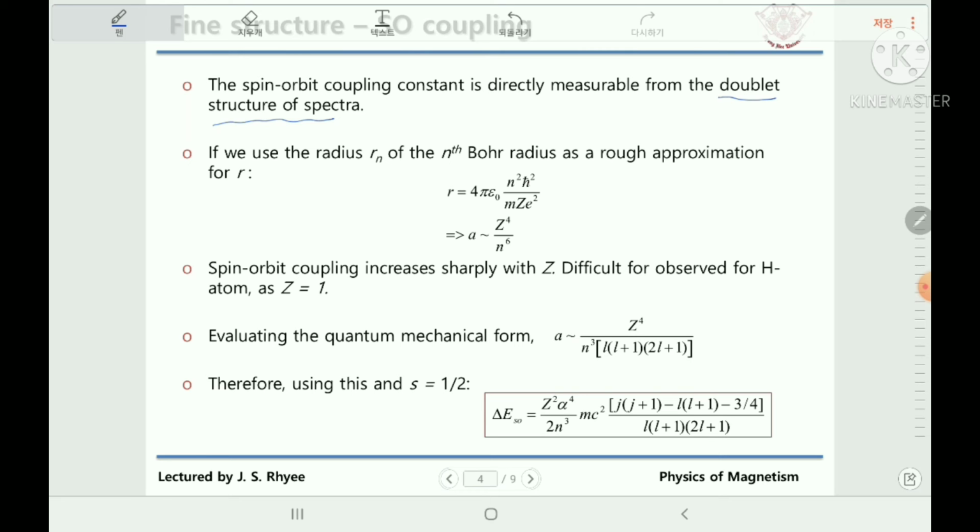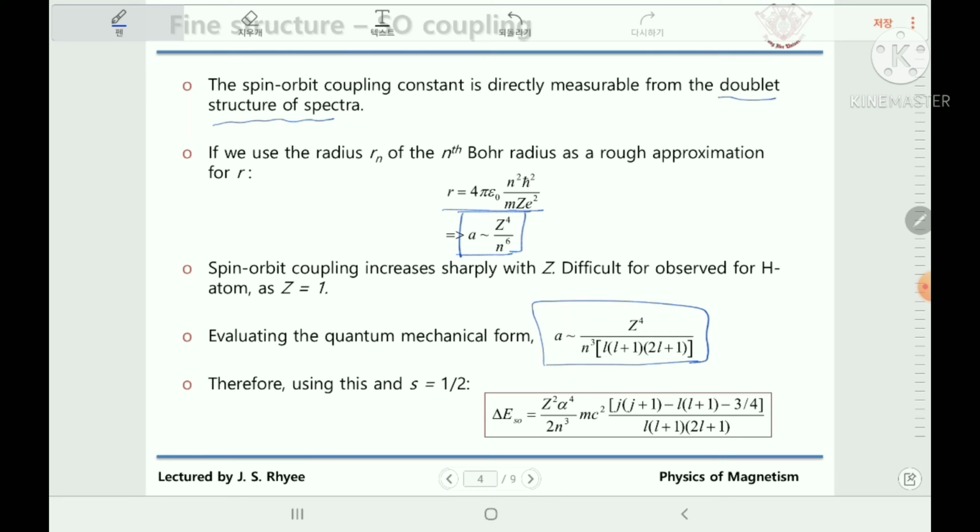Here, from a rough approximation, we define the nth Bohr radius like this, and A is proportional to Z to the fourth. Therefore, the spin-orbit coupling constant is proportional to Z to the fourth, and heavy elements are important for high spin-orbit coupling.